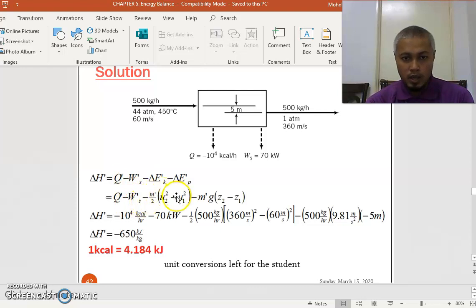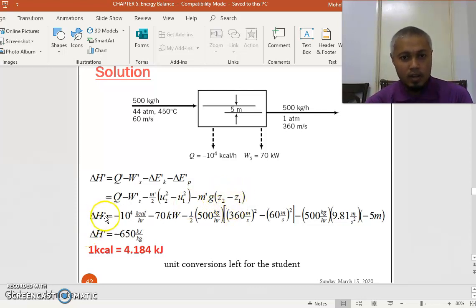Also, we put in the formula for kinetic energy and the formula for potential energy, and bear in mind we need to use m, and then we factorize u2 squared minus u1 squared, because this is the outlet velocity and this is the inlet velocity. For this one, this is the outlet height and this is the inlet, the initial height.